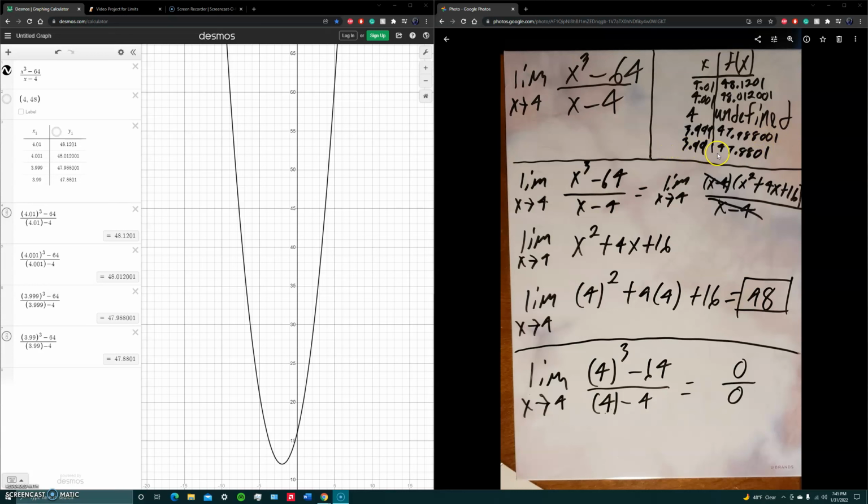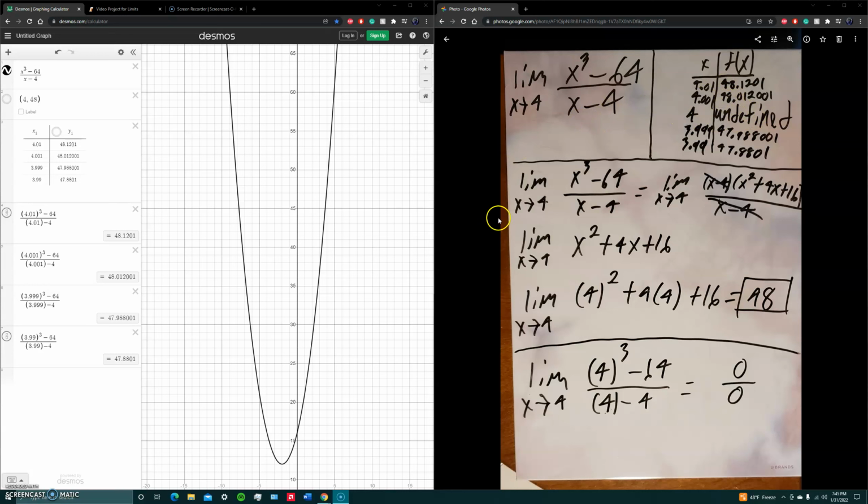At 3.99, it's 47.8801. We can see that based on this table alone, we are getting close to x being substituted by 4 into this equation would equal 48.